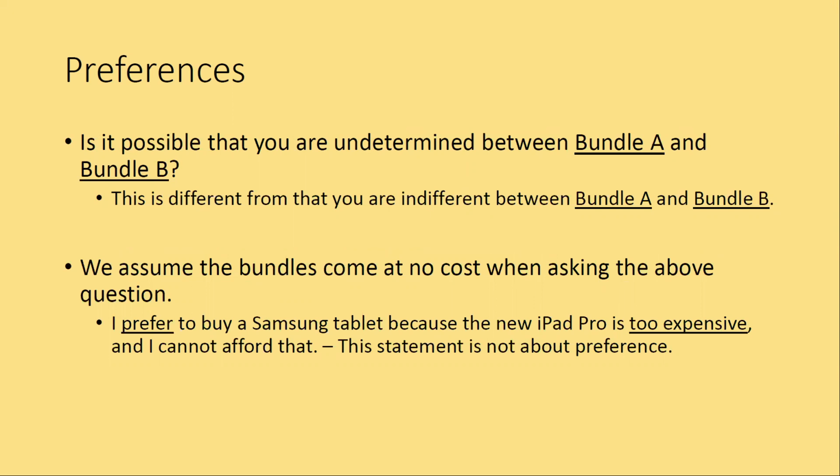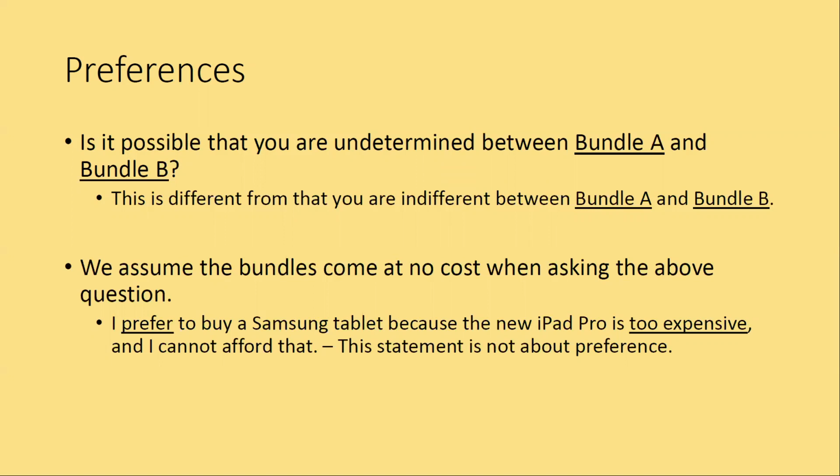And we want to note that this is a different answer from saying that the consumer is indifferent between bundle A and bundle B. Because in that case, the consumer knows that she likes bundle A and bundle B equally much. In this case, the consumer does not know and is undetermined whether she likes one better than the other.